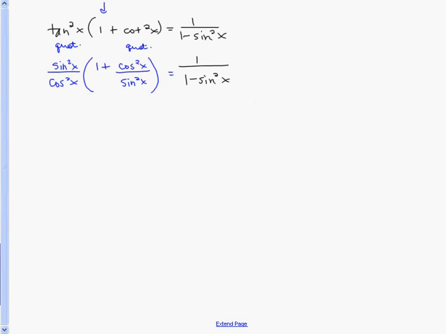Alright, now I'm going to distribute. I think this becomes sine squared of x over cosine squared of x here. And when I multiply these in, I'm going to get 1. I might be undoing what I need to do.